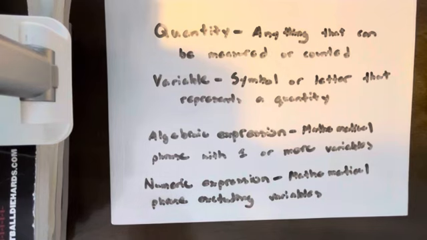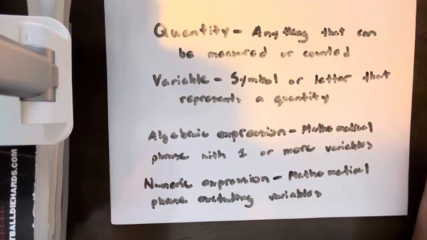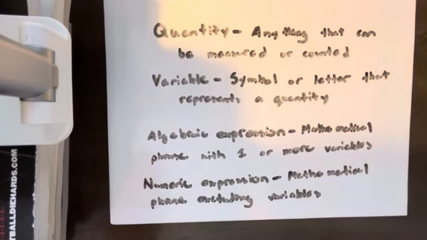Okay, so for this lesson, there are a few vocabulary terms you're going to need to know. To begin, we have a quantity. This is anything that can be measured or counted. So, for example, any number, 8, 9, whatever. Anything that has a numerical value to it.